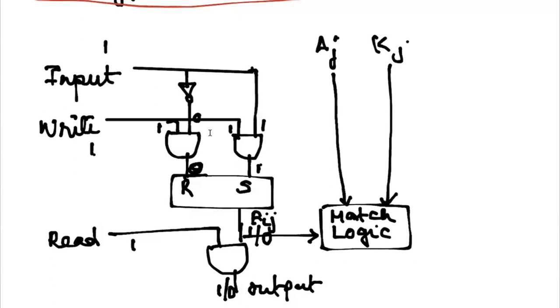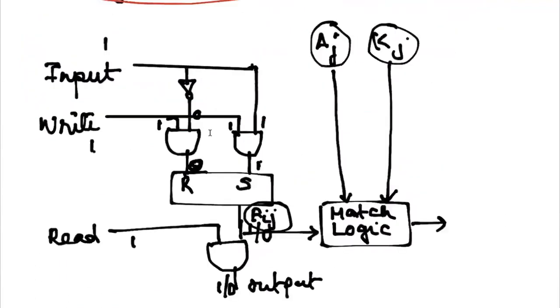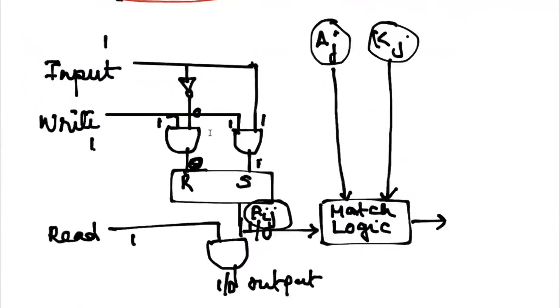So it will look at Fij, Aj, and Kj. Remember our match logic function: Aj Fij, Aj dash Fij dash, and Kj dash. It will look at these inputs and then give us the output Mi. So it will set or make this bit 0 for the corresponding bit in the match register.